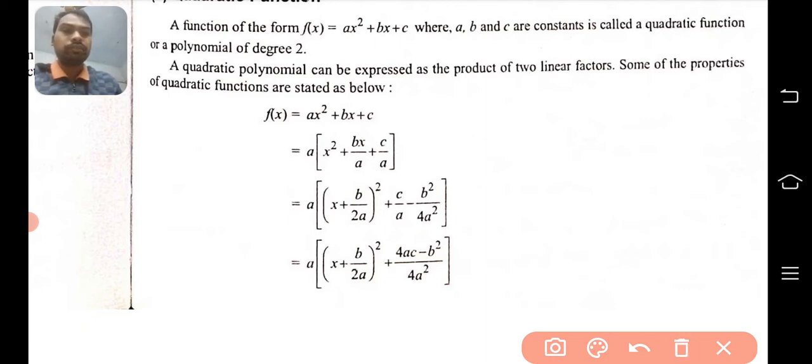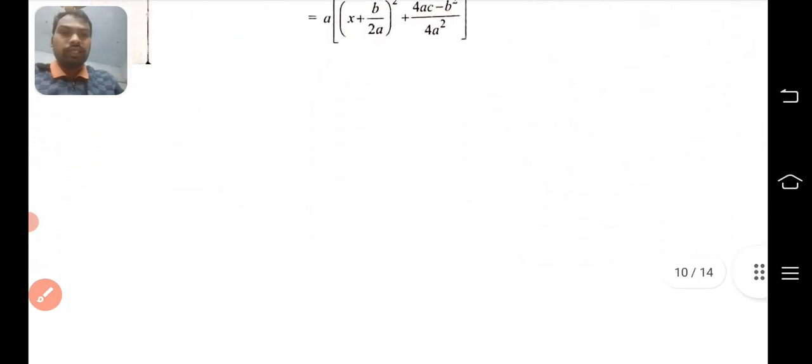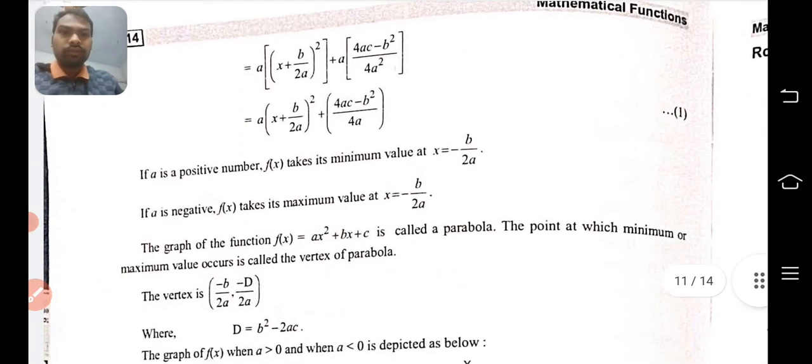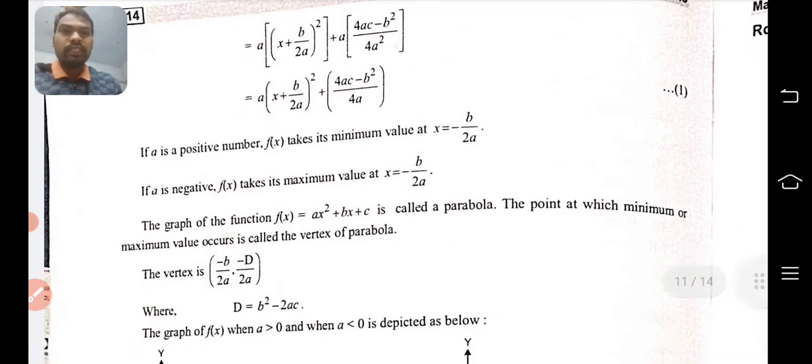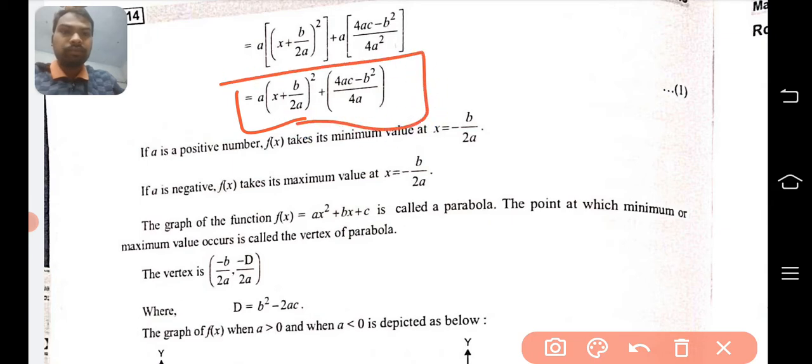Clear? So next, you have to notice that we will arrive at this point. If you derive and solve in this manner, then we will get a(x + b/2a)² + (4ac − b²)/4a.